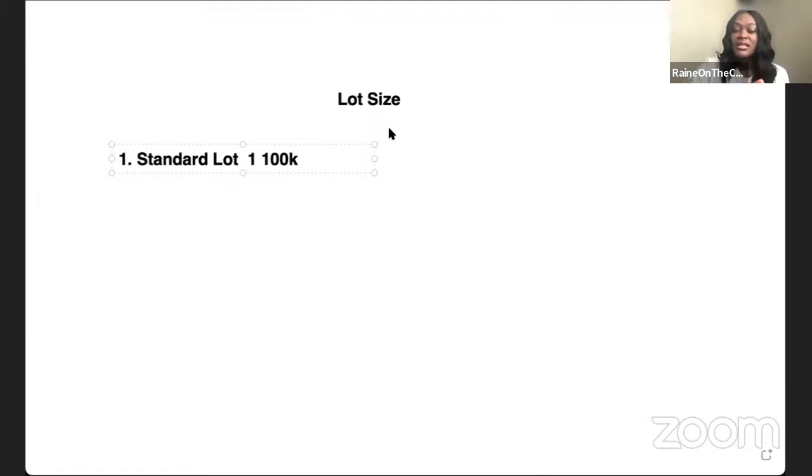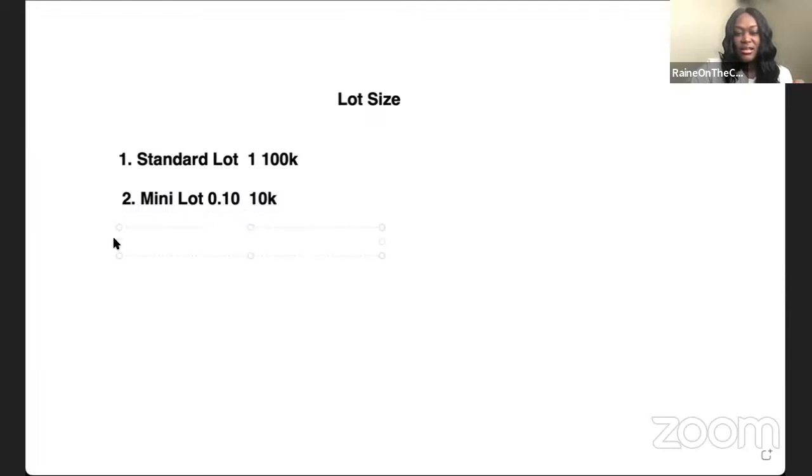So a standard lot is 1. Next, we have a mini lot. The mini lot is 0.10, right? And with that, you have like 10,000 units for a mini lot.